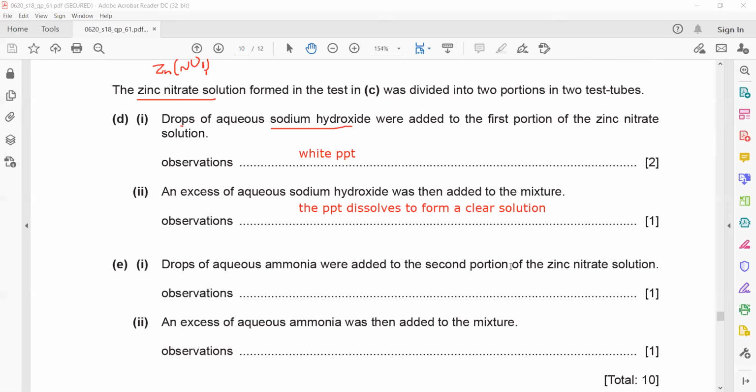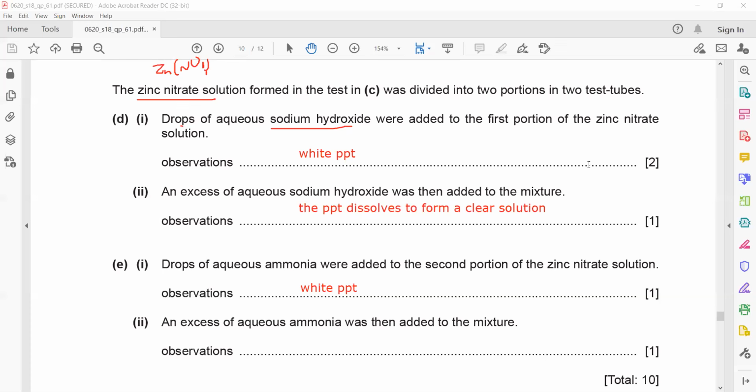Drops of aqueous ammonia are added. What is the observation when we add aqueous ammonia? Again, white PPT. One mark is for mentioning the color white. And in excess, what happened?